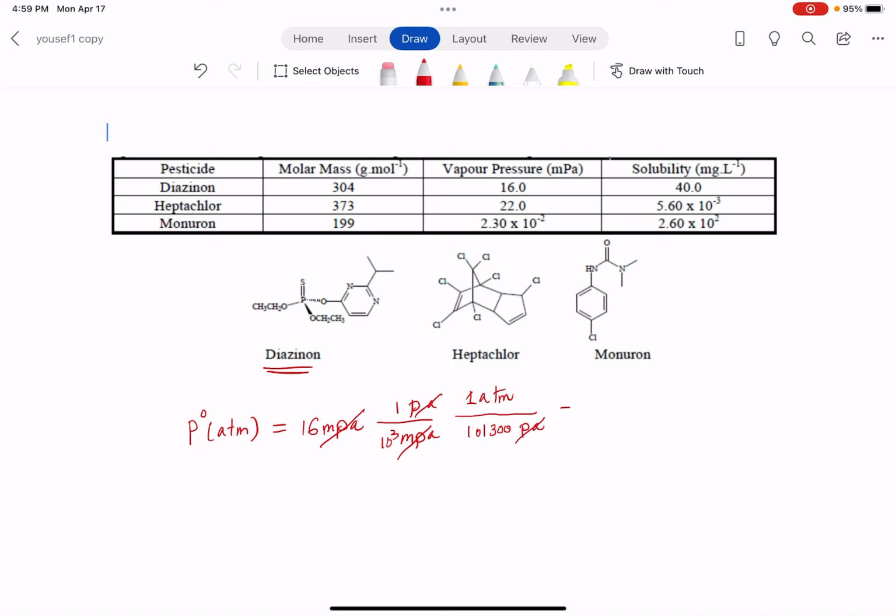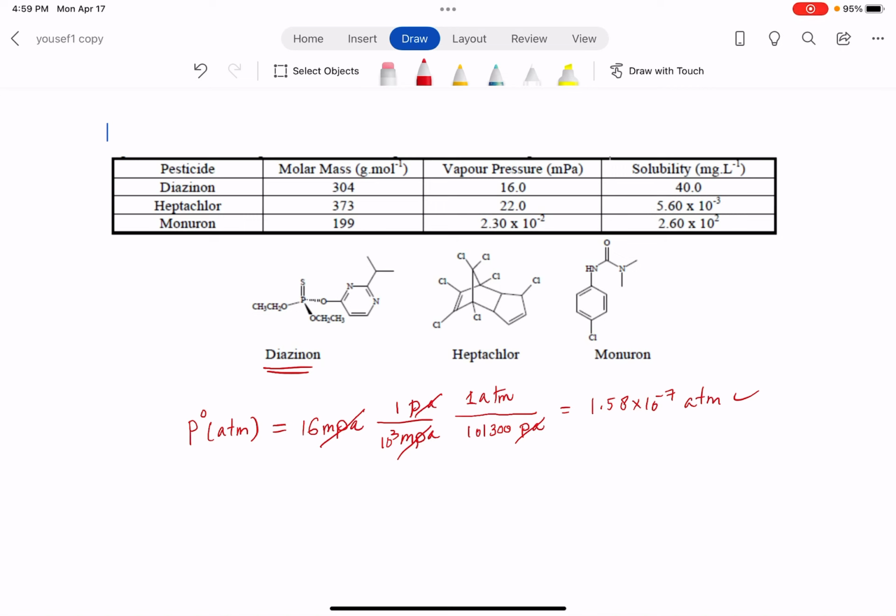So you end up with atmospheric, and it will be equal to 1.58 times 10 to the minus 7 atmospheric. Good. So we've changed the pressure to atmospheric.